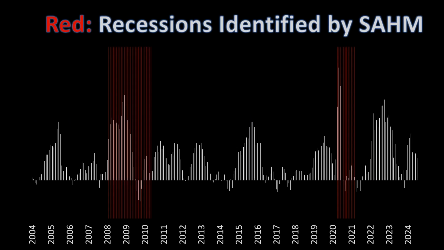So, how does this identify a recession? Well, what we're going to do is use the same recessionary periods identified with the original SAHM rule using the unemployment rate. That's shown here in red, but we're going to use that as a template, and we're going to see, what did manufacturing look like during those recessionary periods?